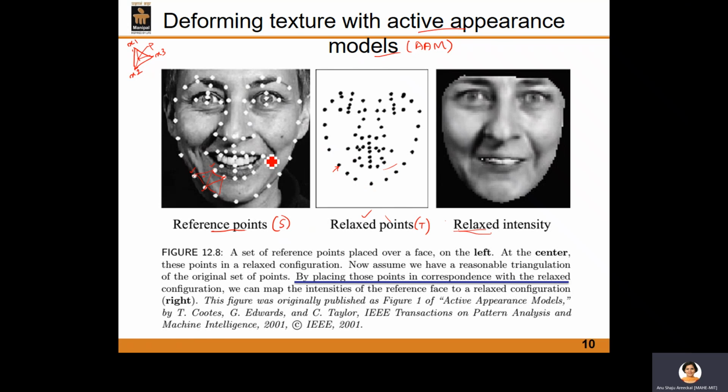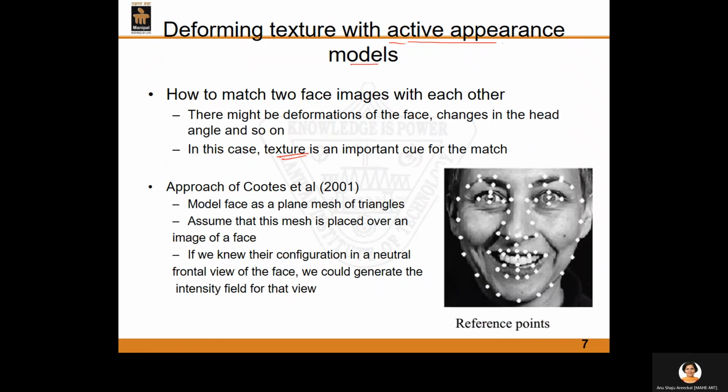Accordingly, when you're doing the transformation, you also take into account the different texture regions, or the appearance. Because you take texture as an important component, that is why it's called an appearance model, because it takes into account the texture.